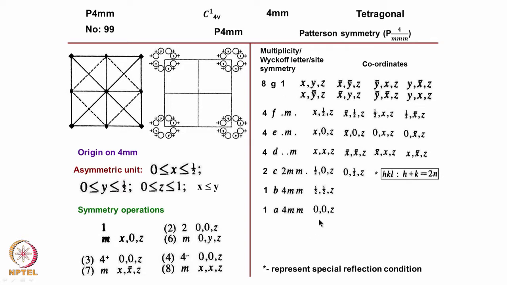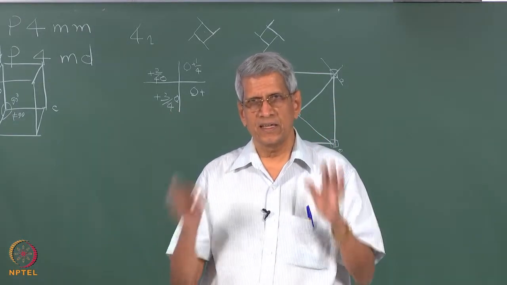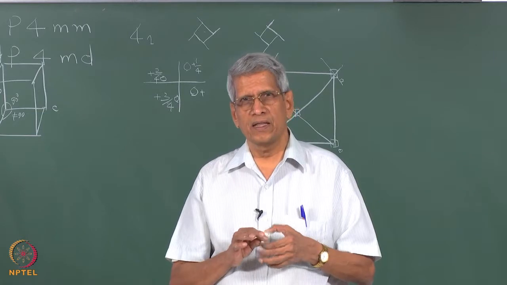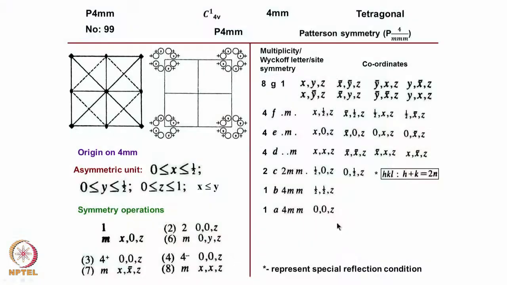So the crystal lattice can now be constructed by keeping an atom in the lattice that we have fixed. In the crystal lattice, an atom can be kept either at this position or any of these positions, and we can construct a lattice having this symmetry P 4 mm. Is it clear? This is what essentially will happen.